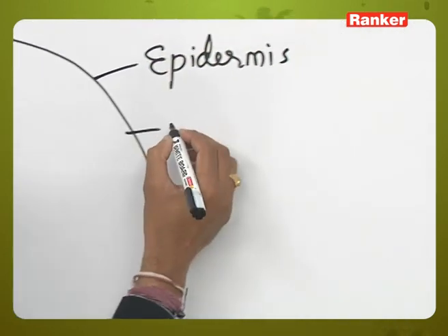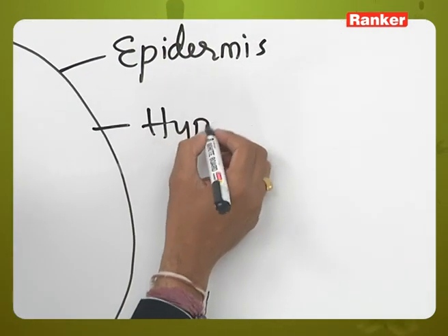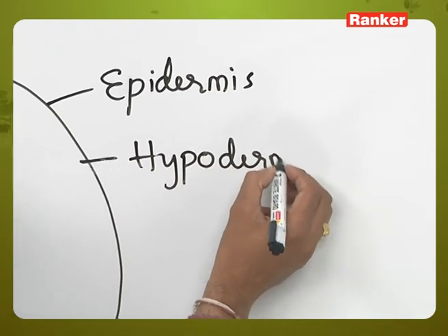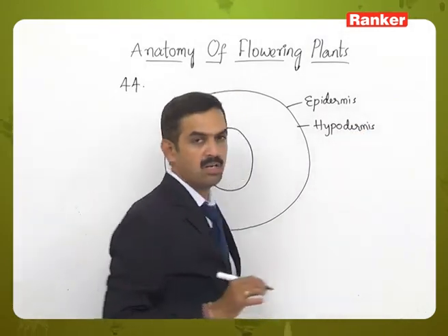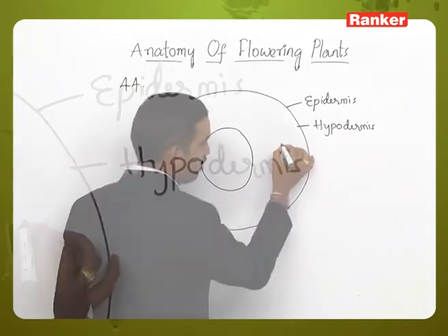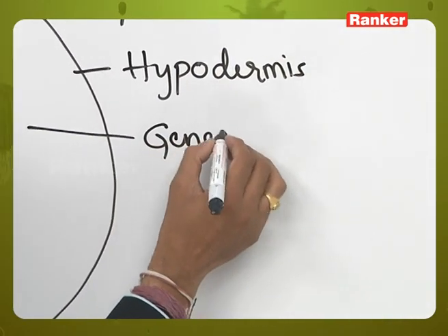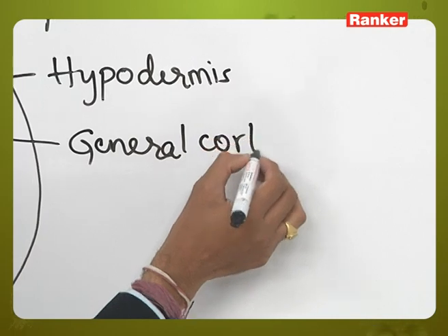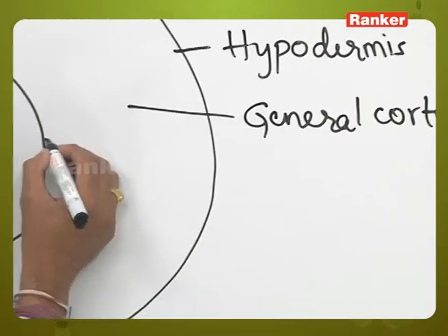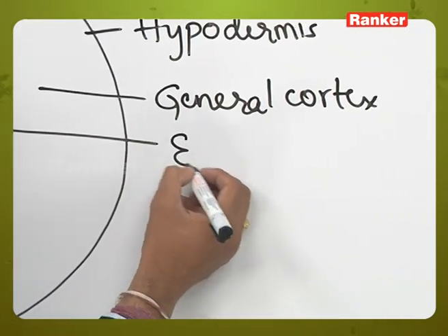If it is a stem, here we can see the hypodermis, and if it is a root it will have exodermis, and below this we can see the general cortex, and the innermost layer of cortex is called the endodermis.